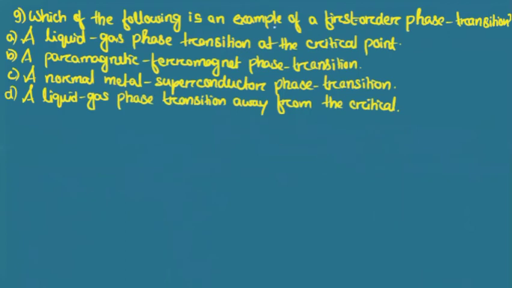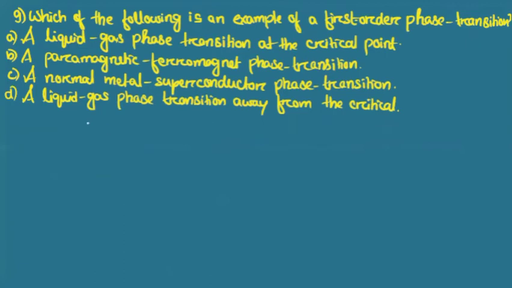Next, let's see question number 9. Which of the following is an example of first order phase transition? I had done the last lecture on phase transition. The first is a liquid-gas phase transition at the critical point. No, this is not a first order phase transition. Second is a paramagnetic to ferromagnetic phase transition. We know this is a second order phase transition, right? Next, a normal metal to superconductor phase transition.